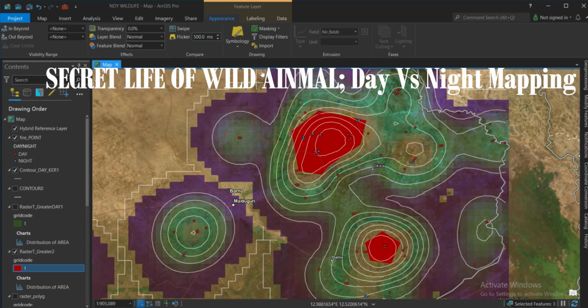So animals may like to be adapted to an environment indicating the red zone of high density, which is the core area for the adaptation. You can see this is the core area.